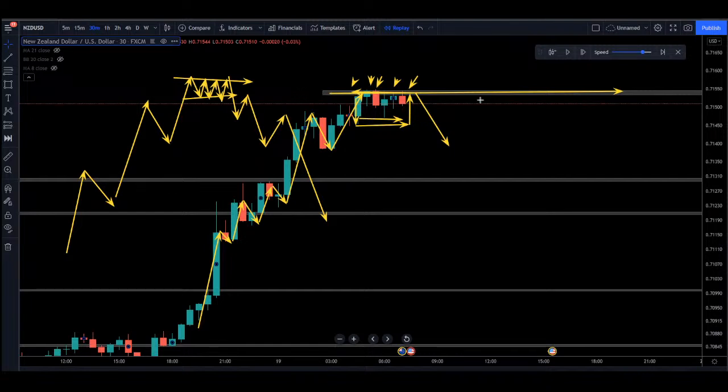Maybe not, maybe this is not going to change the whole direction of the trend. Maybe this is just going to create a pullback and the price is going to keep flying up, which is what I believe is going to happen. But I told you guys, do not open any position to the upside.